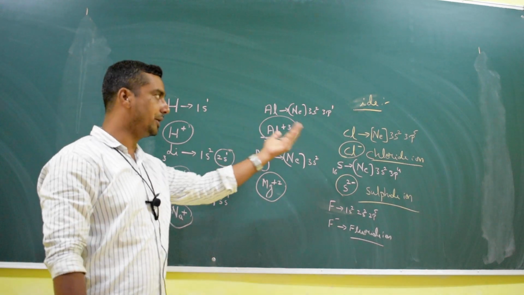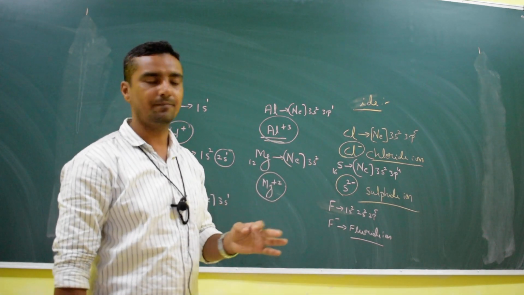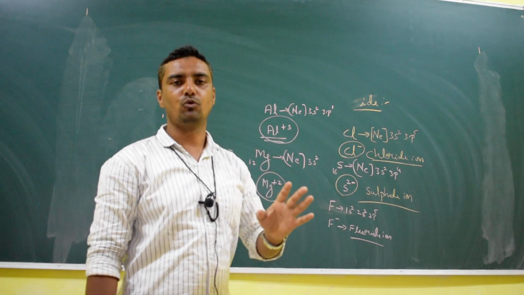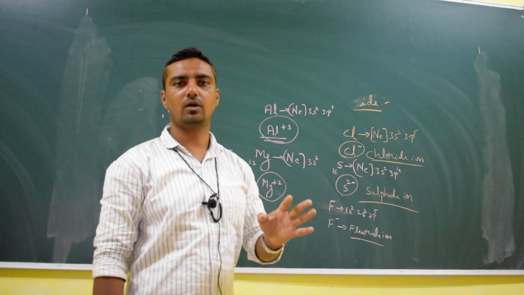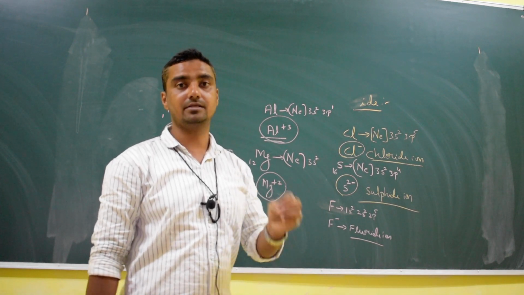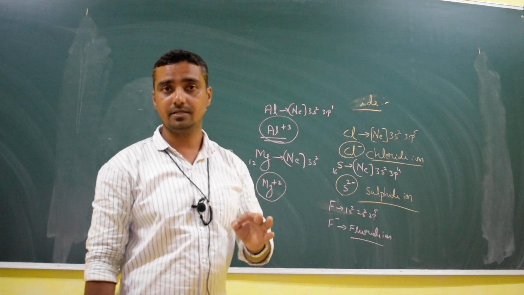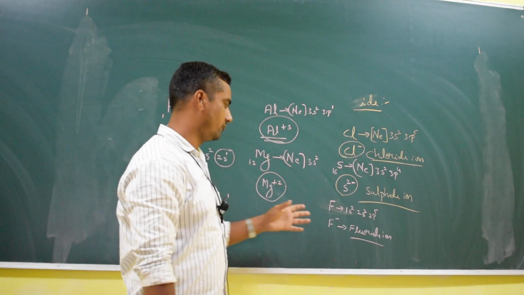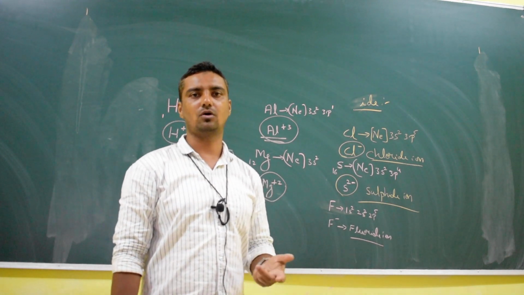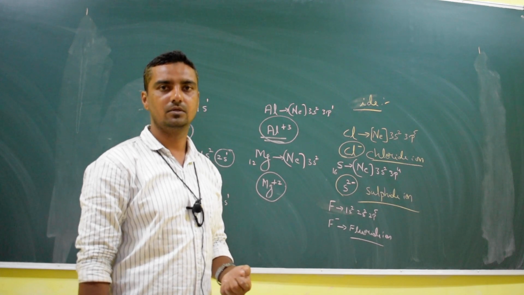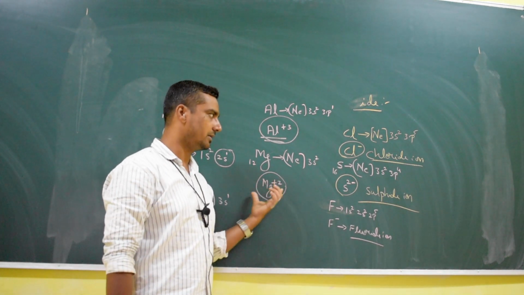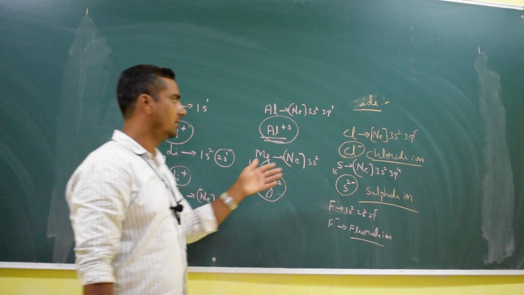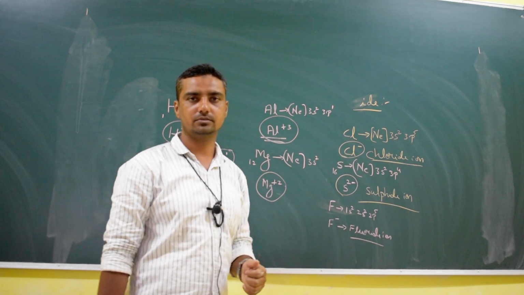If it becomes a negative ion, it always ends with -ide: fluoride, sulfide, chloride, bromide, when it is in ionic form. Fluoride, cyanide, hydroxide. So these are the cations and anions. Cations are positively charged ions, and anions are negatively charged ions.